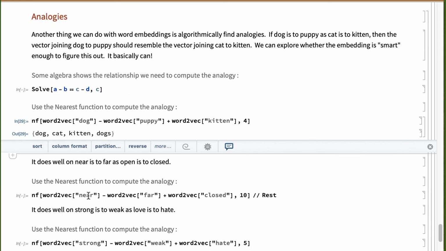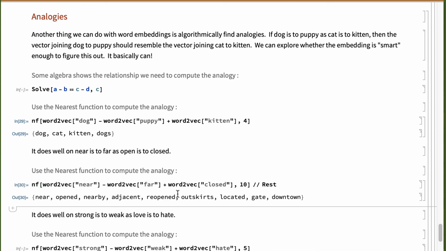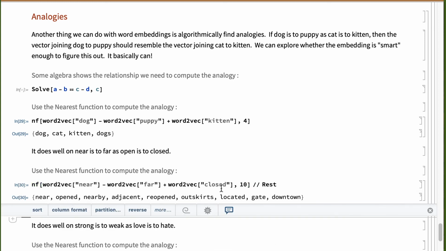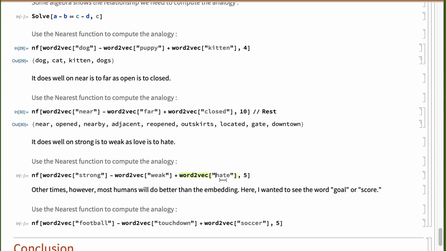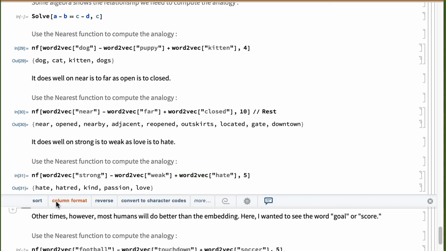What about near is to far, as those are opposites, as closed is to, and I'm hoping we might see open. Open, that's okay because that's closed. So I'm feeling like we did pretty well there. Strong is to weak as hate is to, and I think we should see love here. And we do get it.